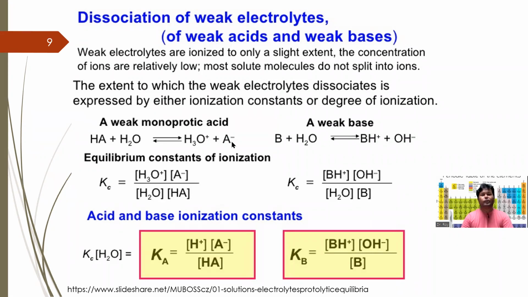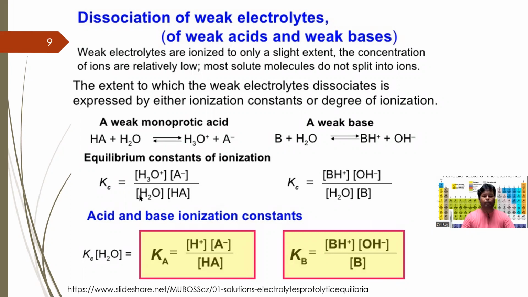So these are two products, divided by the concentrations of the reactants, HA and H2O.